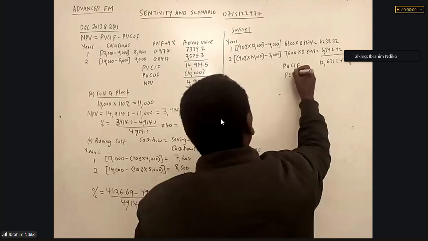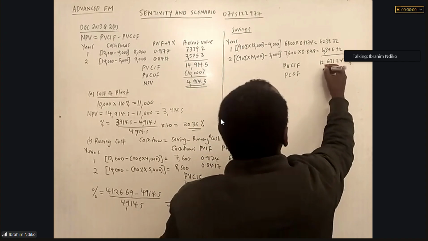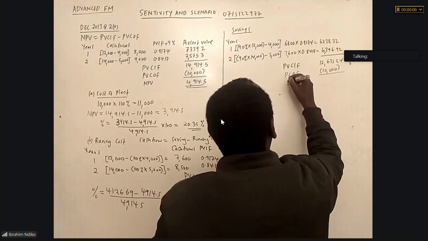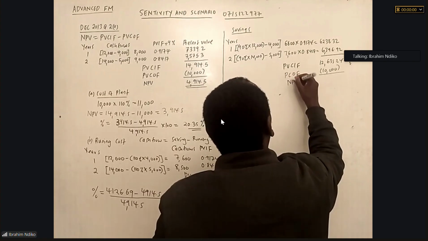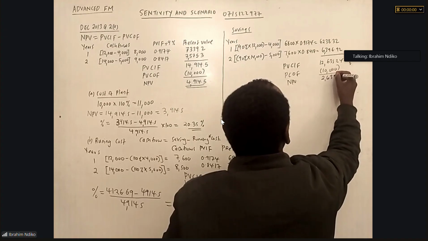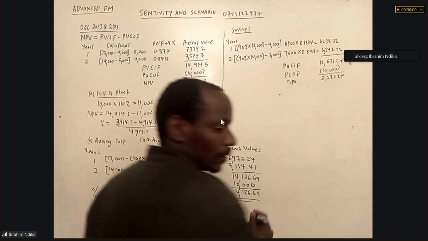Now we less our present value cash outflow. 10,000. $2,635,000 into 4. Sivyo?